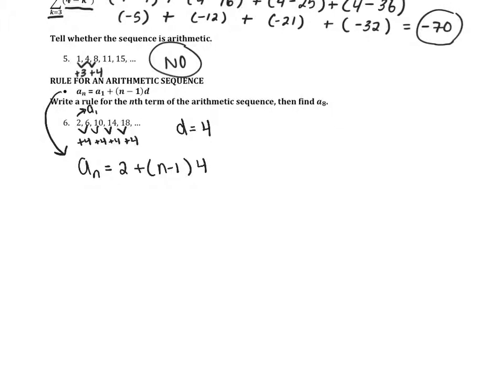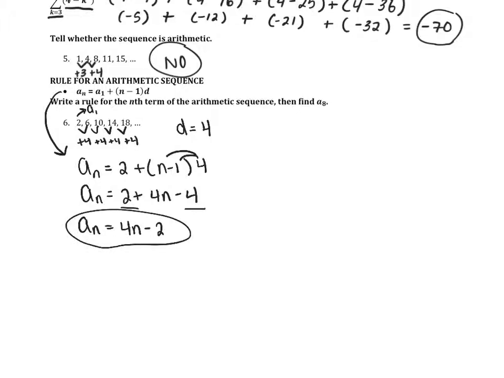From here, we need to simplify this. So you're going to have to distribute your 4. AN is equal to 2 plus 4N minus 4. Almost done with this part. Combine your like terms. The 2 and the negative 4 is going to give you a negative 2. So AN is equal to 4N minus 2. Here is your rule.